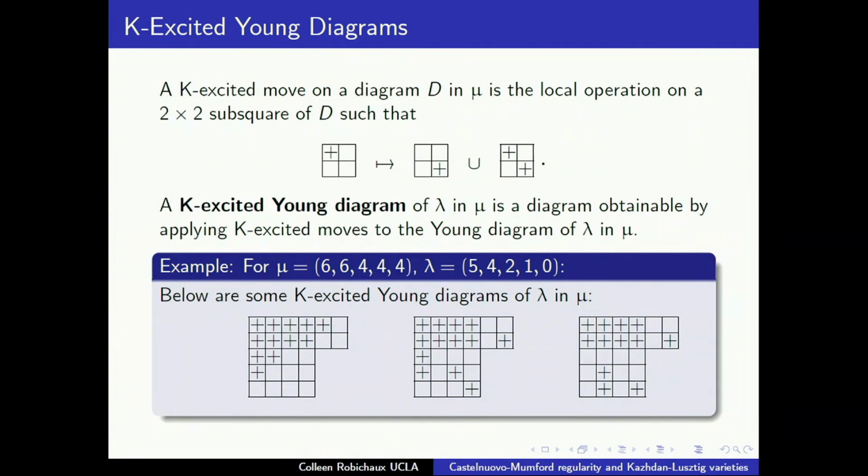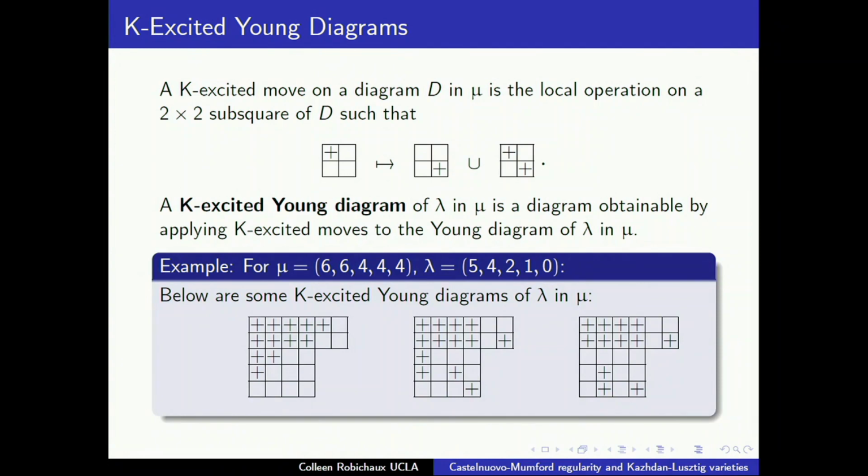Okay, so what we'll do is, starting with our initial configuration, which is going to be this Ferrers diagram of lambda inside of this game board of mu, we'll apply all of the possible K-excited Young diagrams that we want. If we do any successive moves, that will give us all different K-excited Young diagrams.